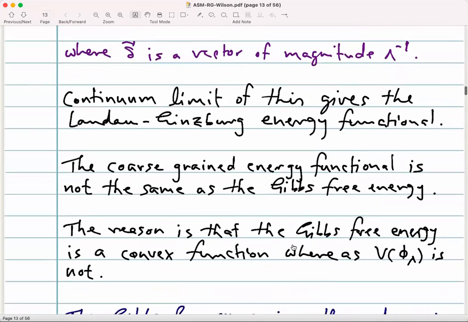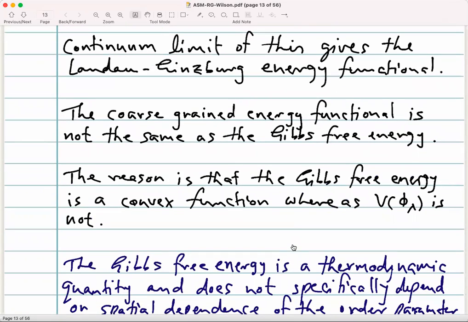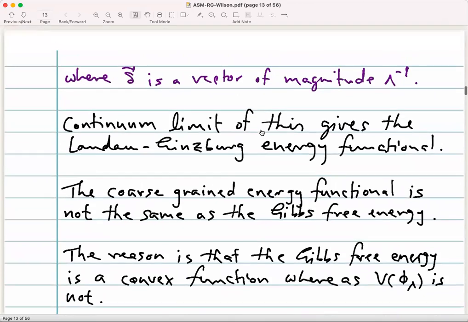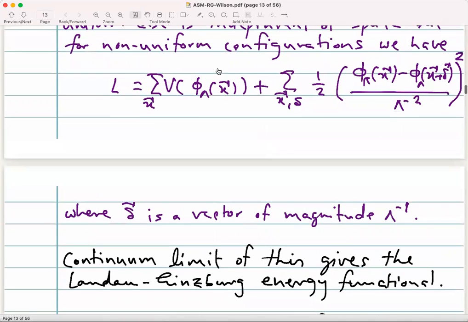So the thing is the following: remember in the Landau-Ginzburg model, we had this potential, and this potential would have a structure of a single well if you are above the critical temperature, and it would be a double well when you are below the critical temperature. And a potential which is of a double well type is clearly not a convex function.